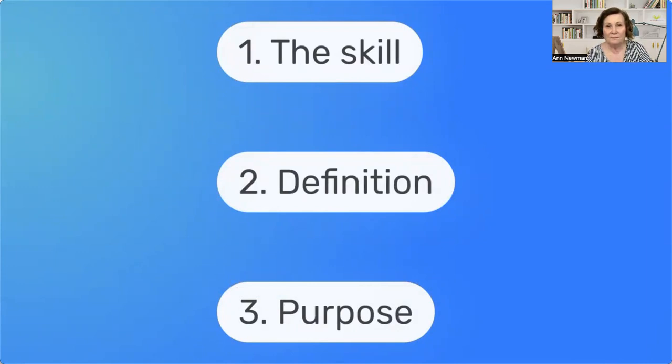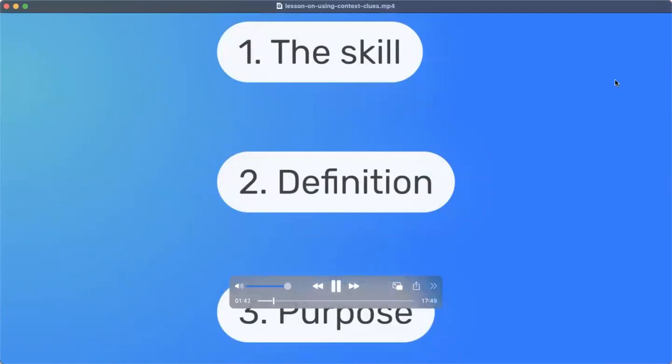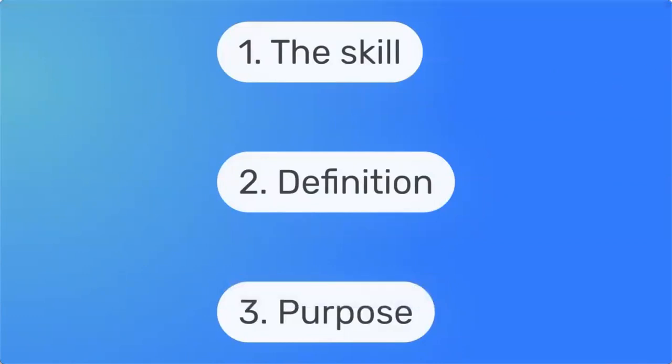Well, because sometimes we just don't have a dictionary next to us, so we need to use our context clues to figure out the meaning of a word. A second reason is, as you know, some words have more than one meaning. So you need to use the context that it's used in to figure out what this word means in this reading passage.